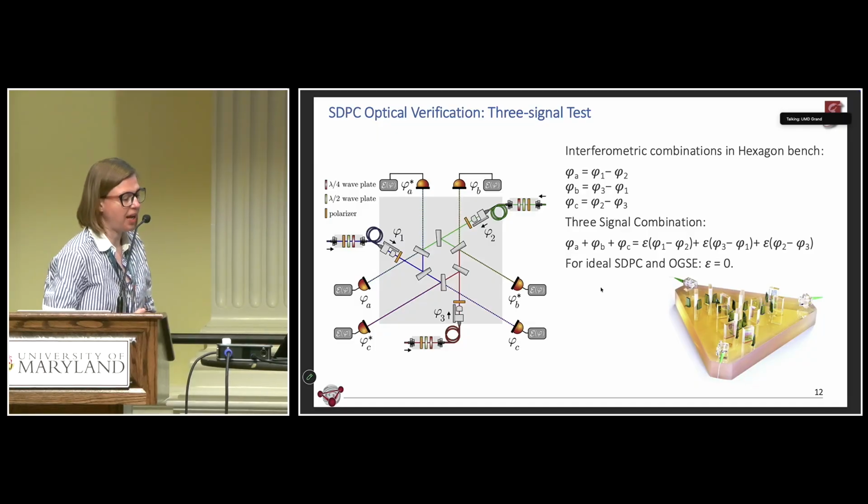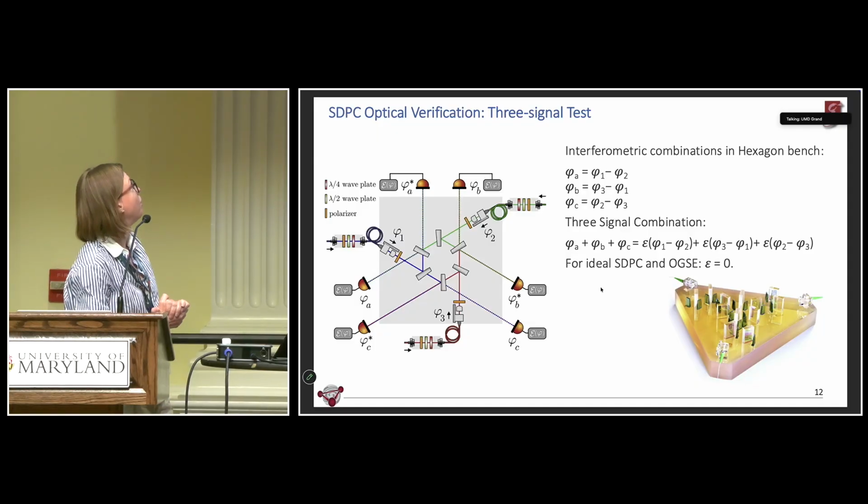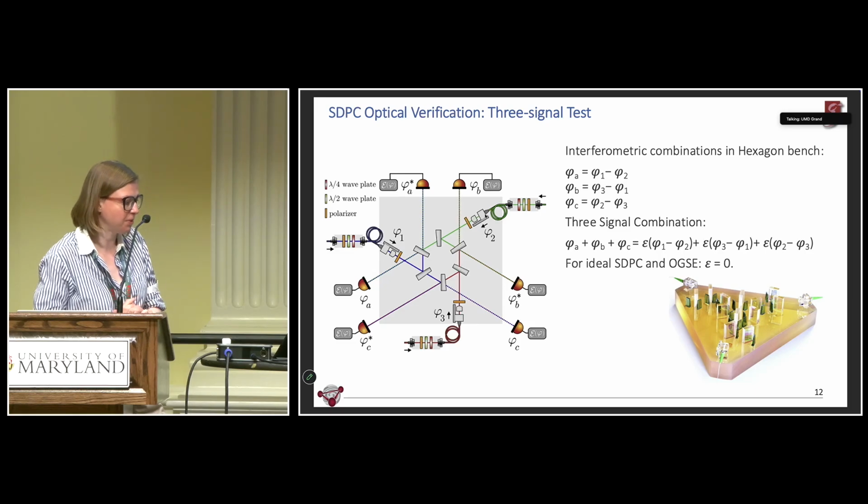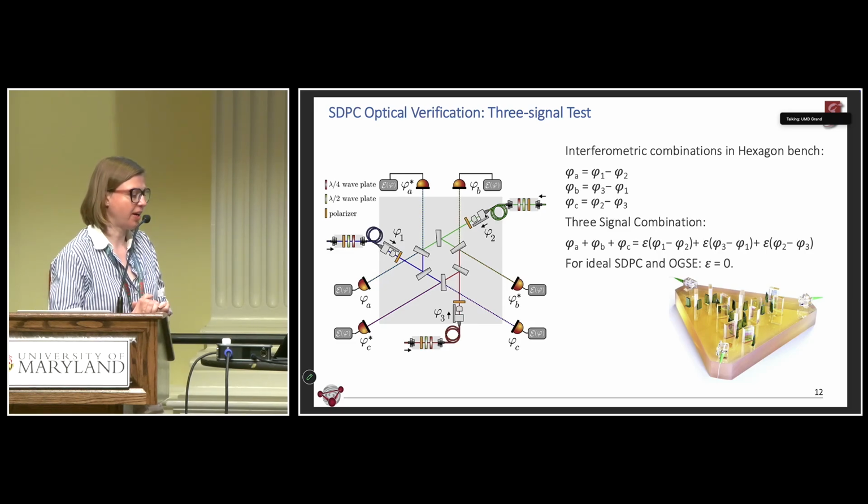And how do we actually measure, and what does the signal look like? We have 3 lasers, so 3 inputs coming to this optical bench. It's a hexagon since it has 6 beam splitters, and we generate a pair of 3 interferometers.